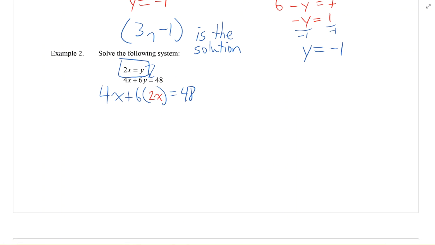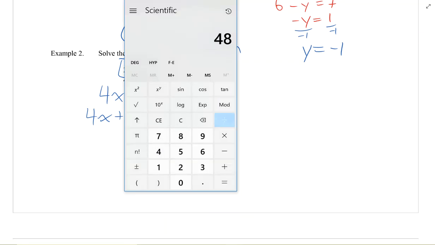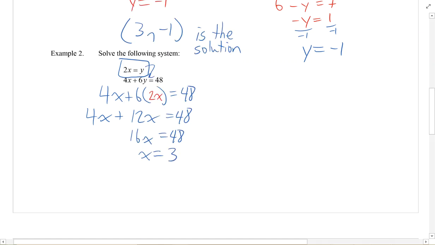Solve for x. So you should get x equals 3.